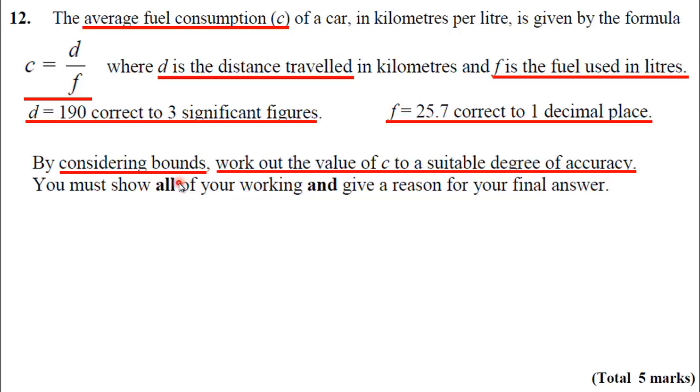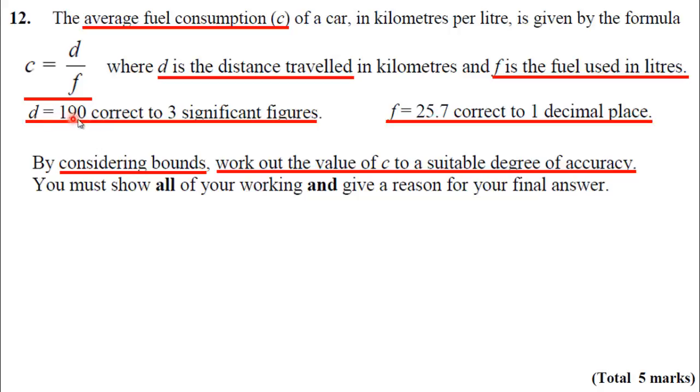Okay, so I need to do a couple of calculations. The first thing I'm going to do to try to pick up some marks is look at the two numbers that they've given us, 190 and 25.7, and write down their upper bounds and lower bounds. So 190 correct to 3 significant figures. So D is always going to be 3 digits. It's going to be like 190, 191, 192.